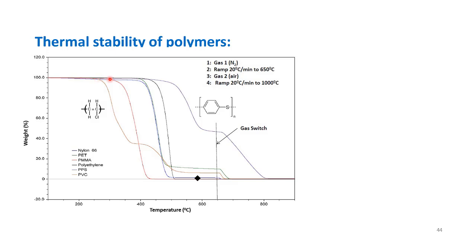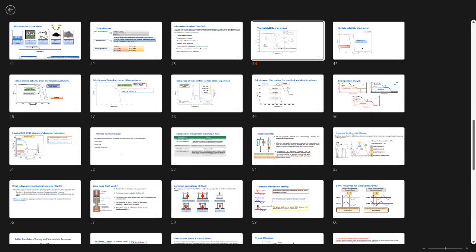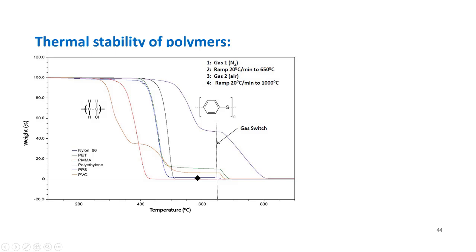Then PMA degraded, then PET and nylon. PET and nylon degraded at much closer temperatures, but the ash content in the PET is higher.